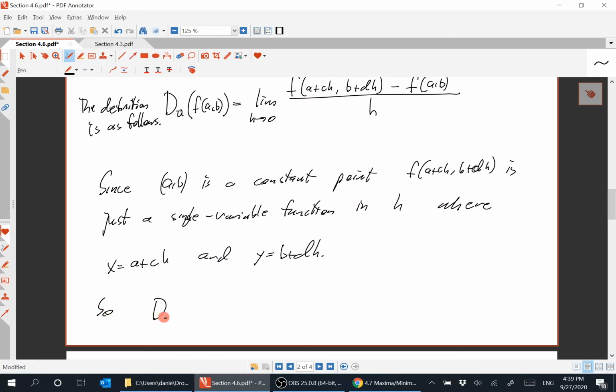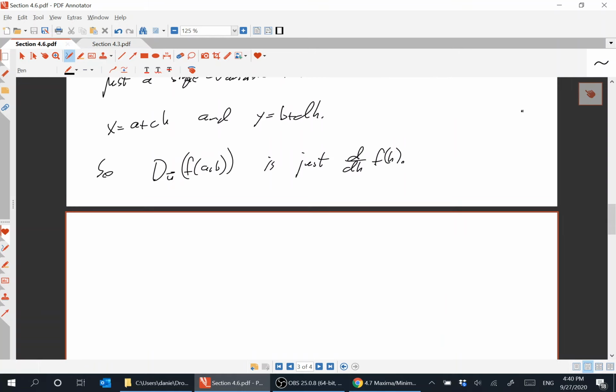So the directional derivative of f at (a, b) is just the single variable derivative with respect to h of this single variable function in terms of h. Well, we'll just call it f of h. So how do we calculate that? We calculate it using the chain rule, right? That's exactly what we learned in the last section.